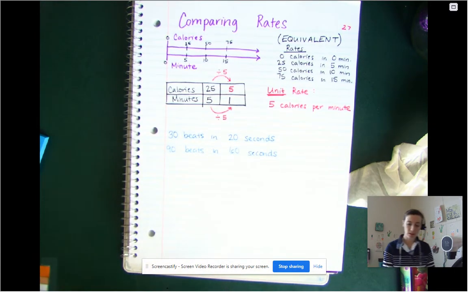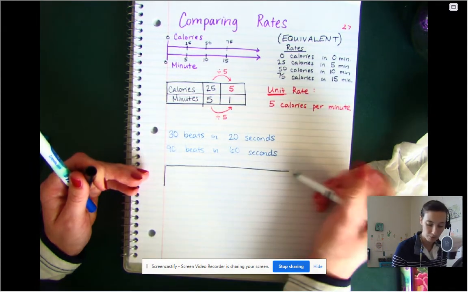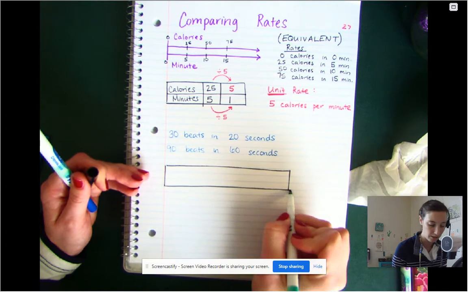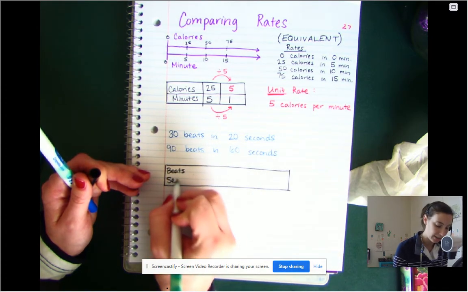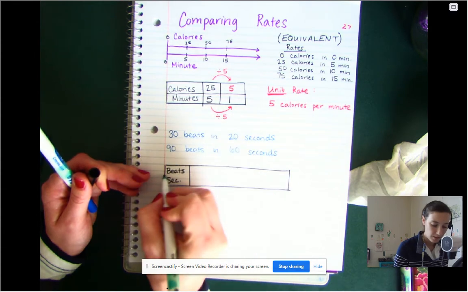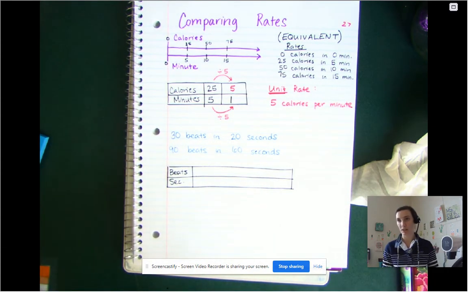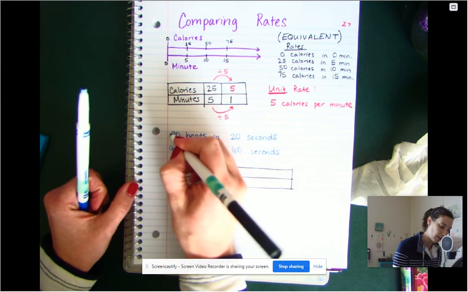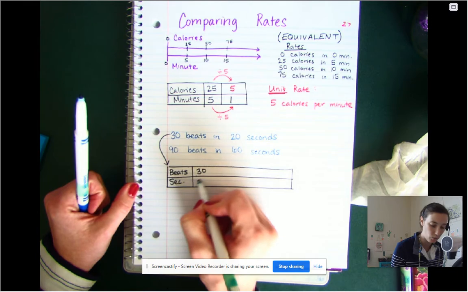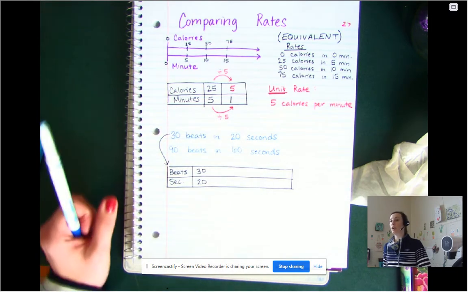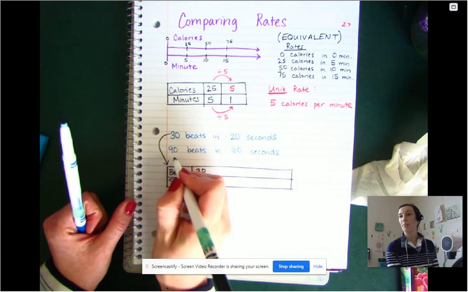So I can do this a couple of ways. You're going to get really good at drawing these tables, man. I'm telling you what. Beats, seconds. I don't want to throw them both in the same table because that can be confusing. So let's just start with the one that shows up first, 30 beats in 20 seconds. What I'm first going to test is I'm going to pick one of these numbers.